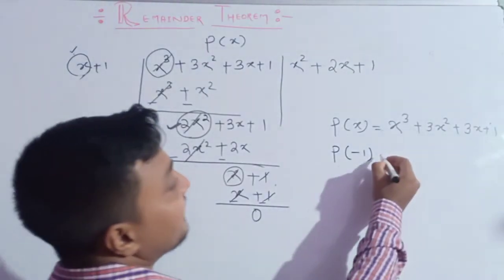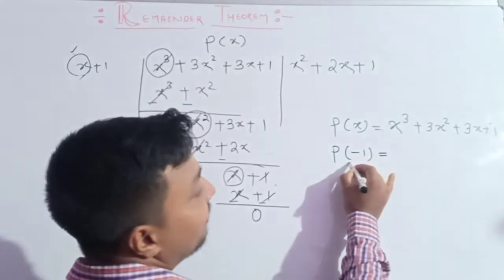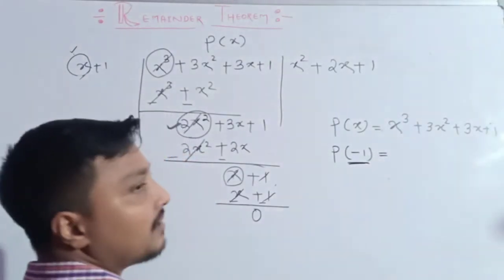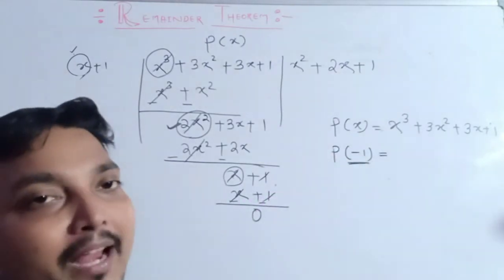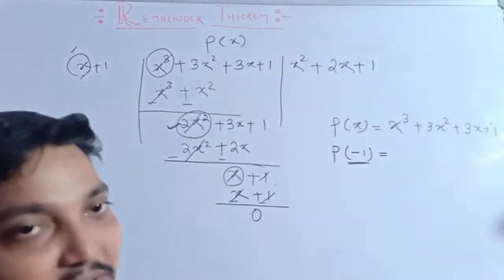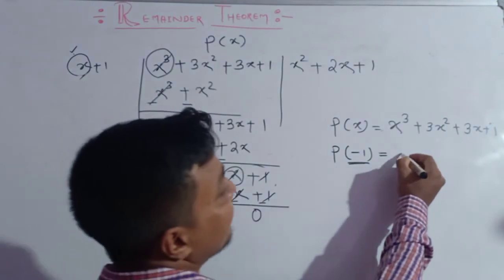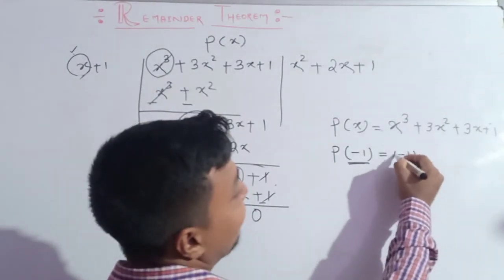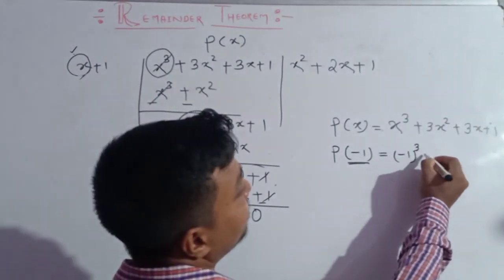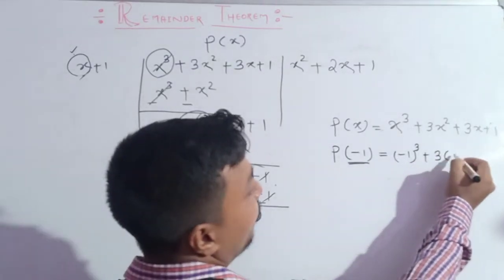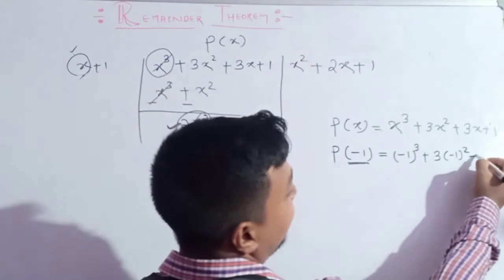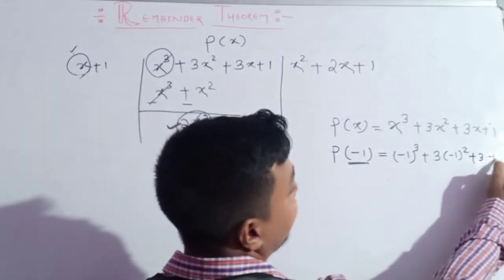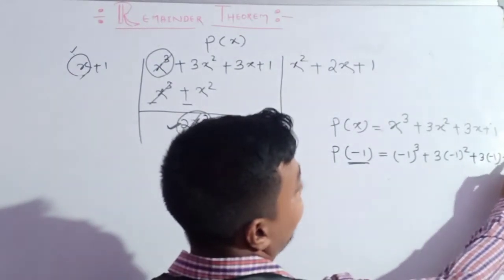Later I will say where minus 1 comes from and why I tried to find the polynomial value at minus 1. So minus 1 means, in place of x, I will write (minus 1) cube plus 3 into (minus 1) square, then plus 3 into minus 1, and here it is plus 1.